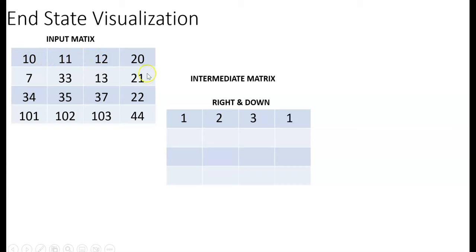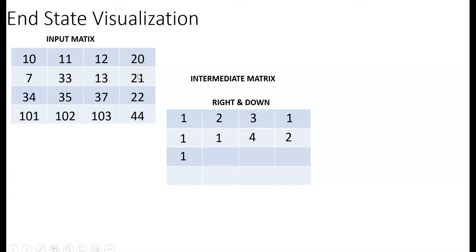Now when you look at 20, it is still 1, because I'm just considering this 20 alone. So it is not in a path to move. So only considering this tile, there is only 1 move it can make. 7 is only 1. 33 is again only 1. 13 is 4: 10, 11, 12, 13. So 13 is 4.